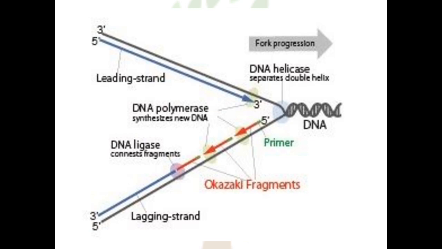The strand which runs from 5' to 3' direction but in fragments is called the lagging strand, and you can see the red colored Okazaki fragments which are later joined by the enzyme DNA ligase.